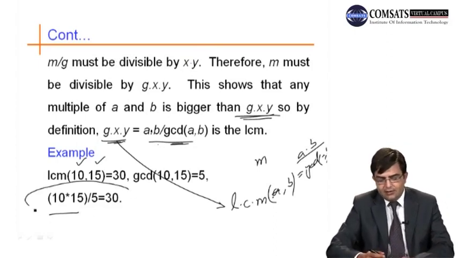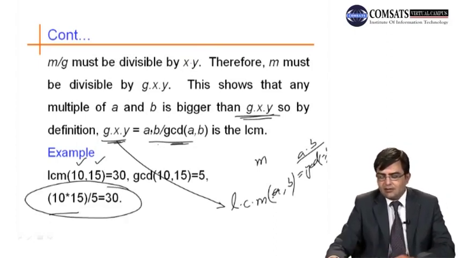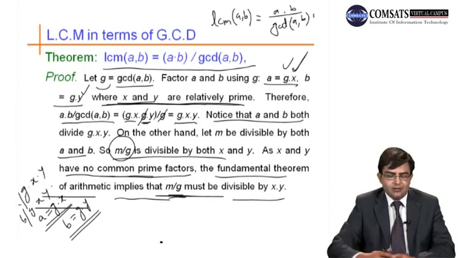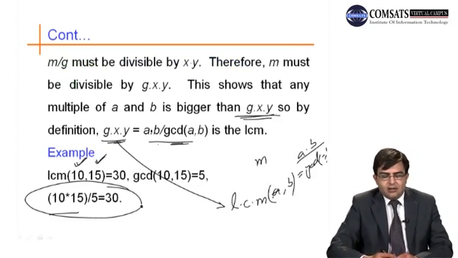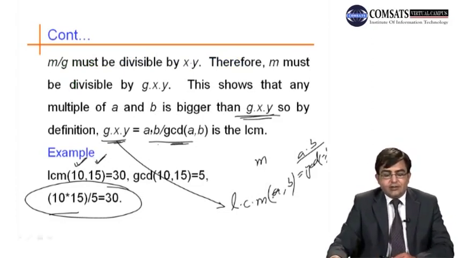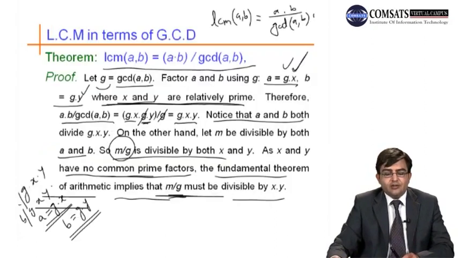So the above result is valid for any two integers, as we have taken here 10 and 15. This theorem is very useful in number theory, and we will use it in the subsequent lectures.